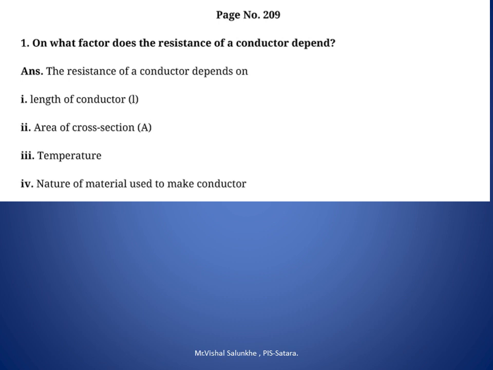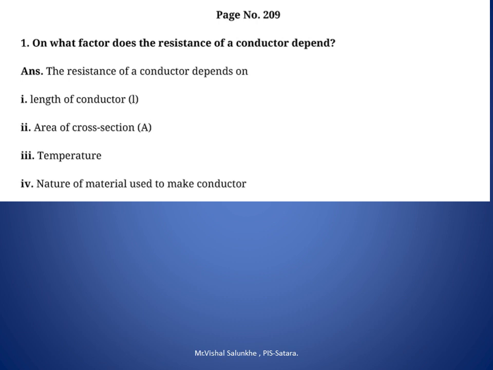So my dear students, once again I'll explain, if area of cross section increases, resistance will decrease, because the more the area, the more the free electrons, the more the charges, current will also increase, and if current increases, resistance will decrease. That's why we can say as area of cross section increases, resistance decreases.